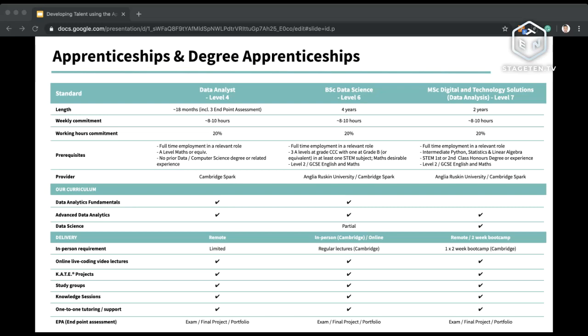It also means our programs are offered via remote distance learning. We are working with Anglia Ruskin to deliver degree apprenticeships and master's apprenticeships in data science. And again, more details can be found here online, and I'll happily speak to you about it after this webinar.